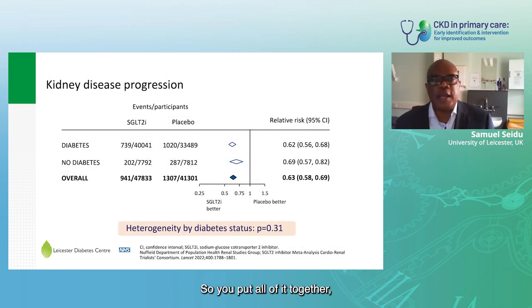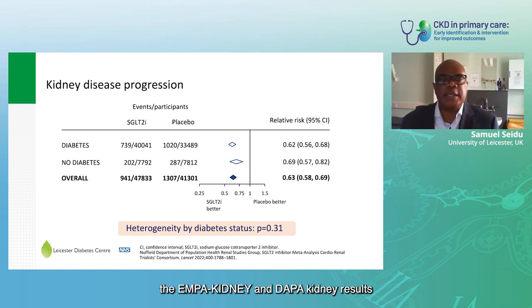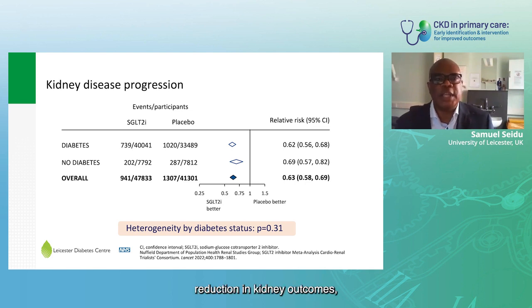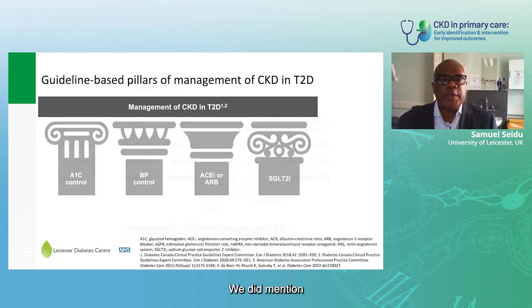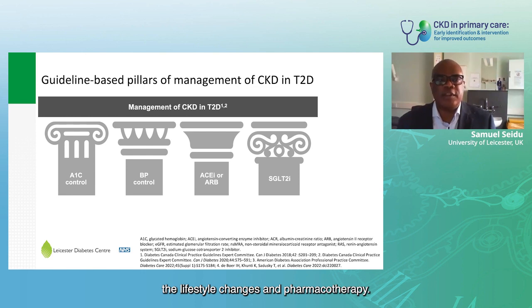So you put all the data together, the EMPA-KIDNEY and DAPA-CKD results, and you are seeing consistent reduction in kidney outcomes, which is now driving the guideline changes that we have seen in the KDIGO. So we did mention the lifestyle changes and pharmacotherapy.